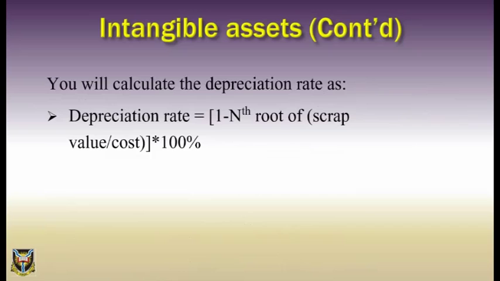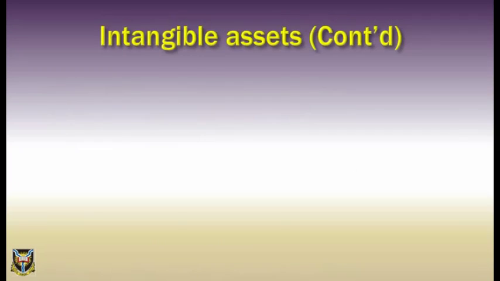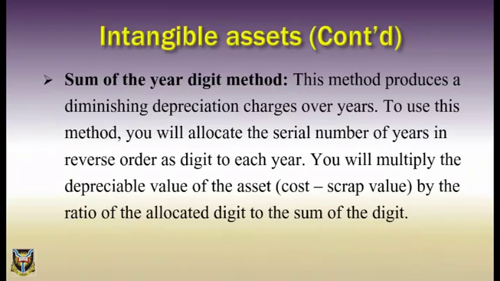3. Sum of the years digit method. This method produces diminishing depreciation charges over the years. To use this method, you place the serial number of years in reverse order as digits to each year.